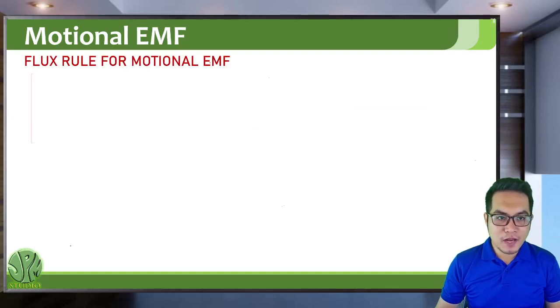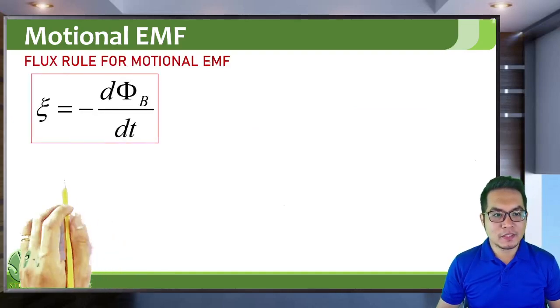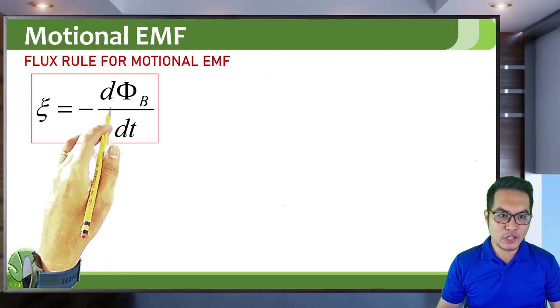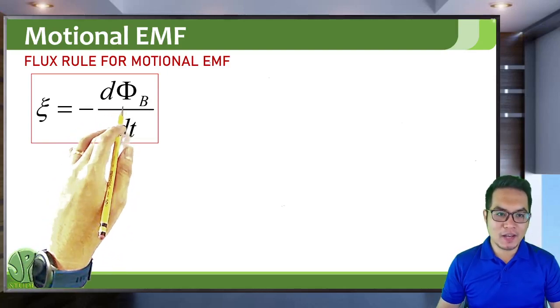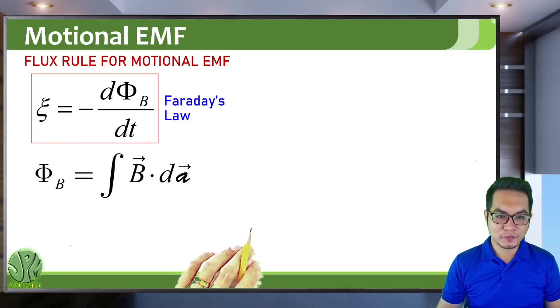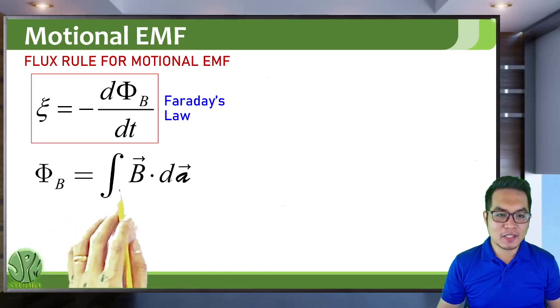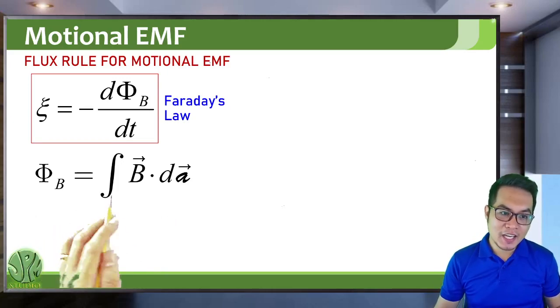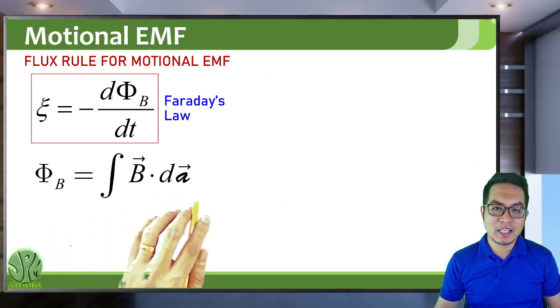There is also a flux rule for motional EMF. The induced EMF is the negative change in magnetic flux with respect to time, and we usually call this rule Faraday's law. Take note, the magnetic flux is similar to the electric flux. If electric flux is E dot dA, then magnetic flux is B dot dA.